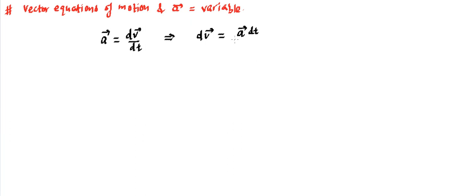Then next point would be to integrate both sides. So we can integrate both sides, so it's going to be integration of dv vector is equal to integration of a vector into dt. And in integration we have talked about the constant terms can be taken outside, and vector and directions, they are treated equally in integration.